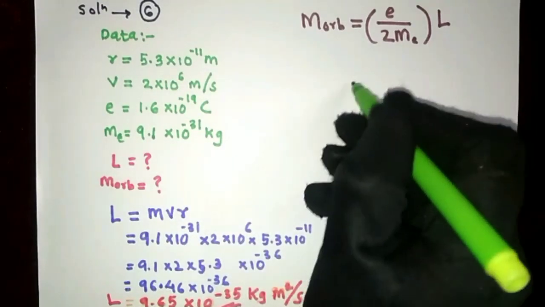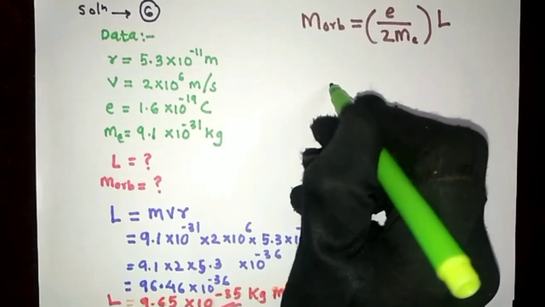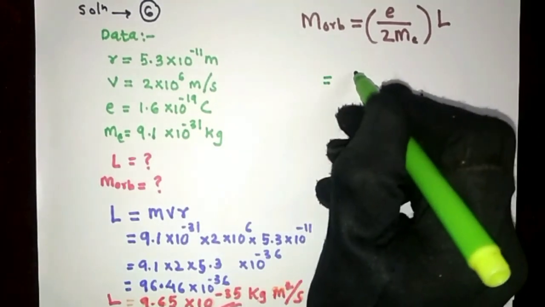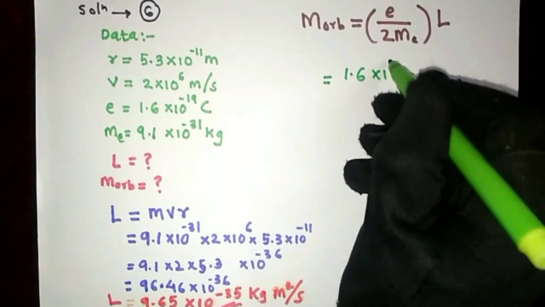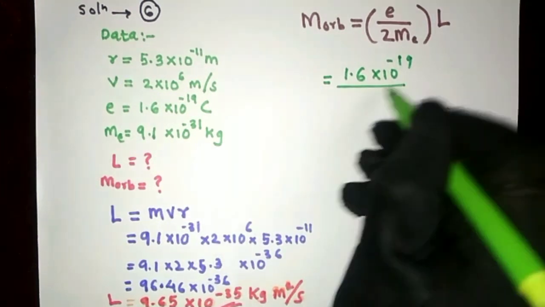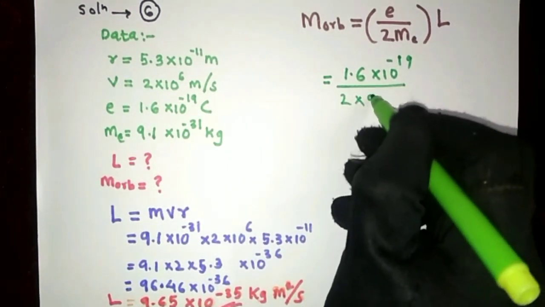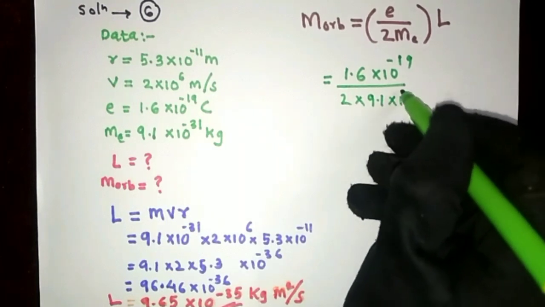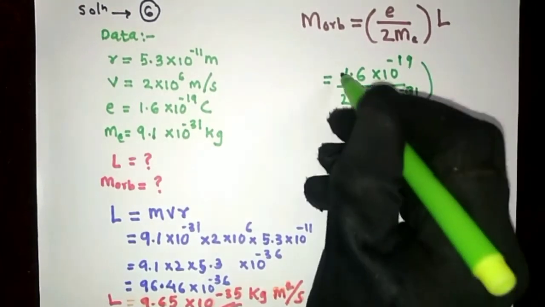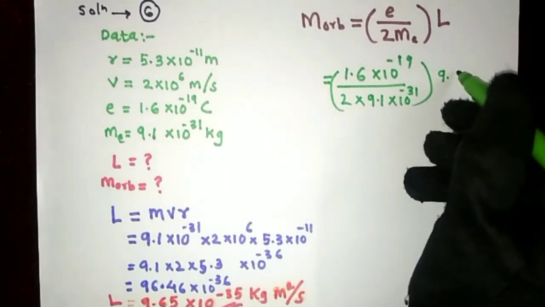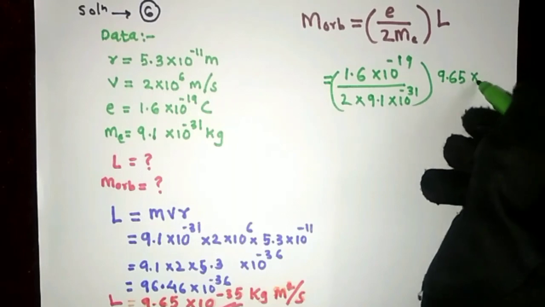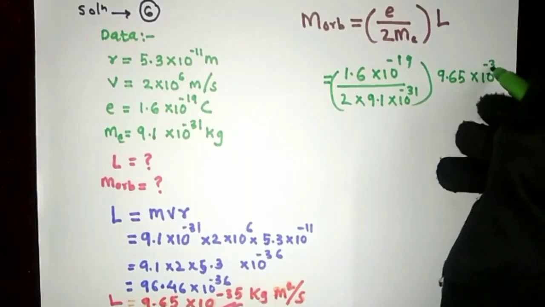So finally, M is equal to e, given as 1.6 into 10 raised to minus 19, upon 2 into 9.1 into 10 raised to minus 31. Let's make a bracket, and L we have just found, that is 9.65 into 10 raised to minus 35.